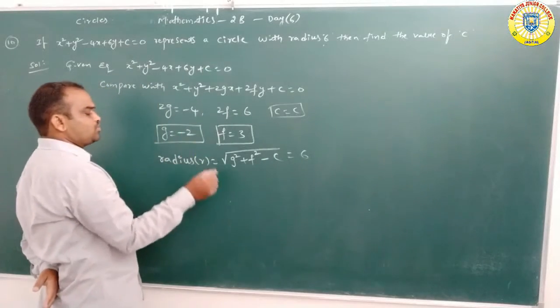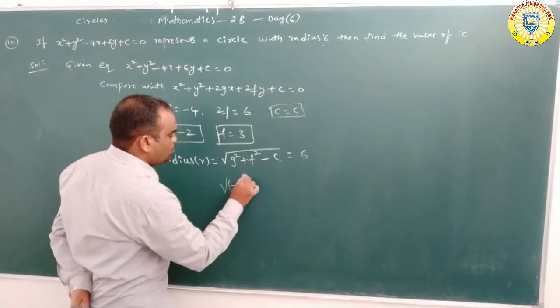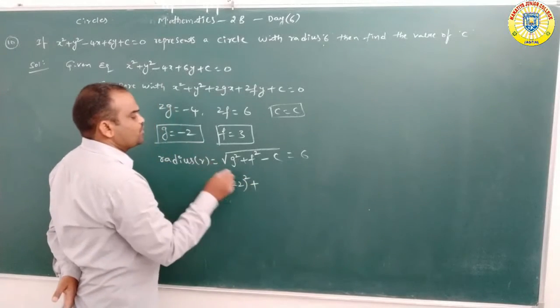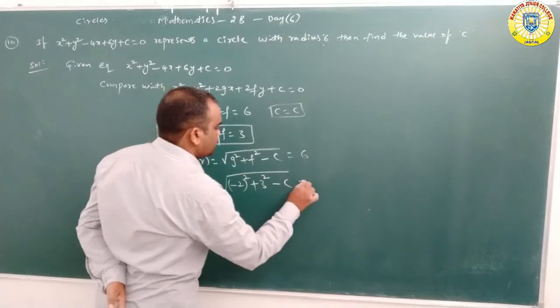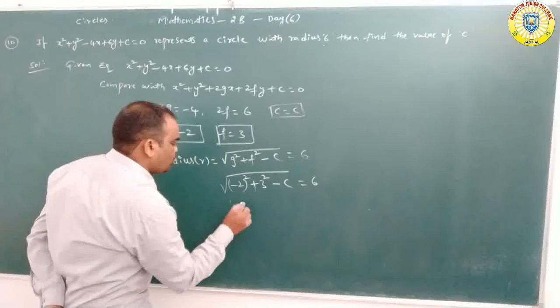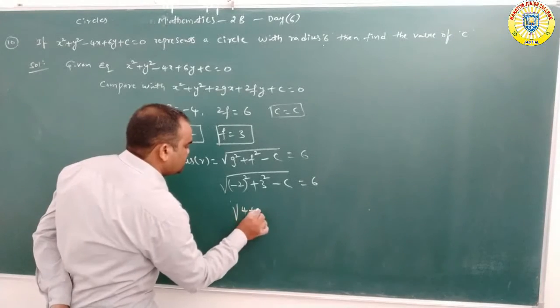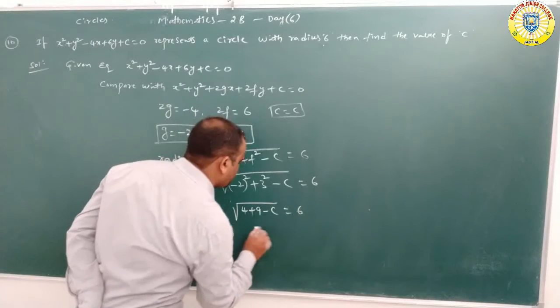Now we are substituting these values. Square root of g square, minus 2 whole square, plus f square, 3 square, minus c is equal to 6. There is a square root, so minus 2 whole square is 4, 3 square is 9, minus c is equal to 6.